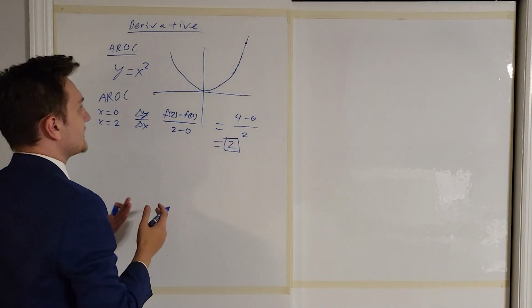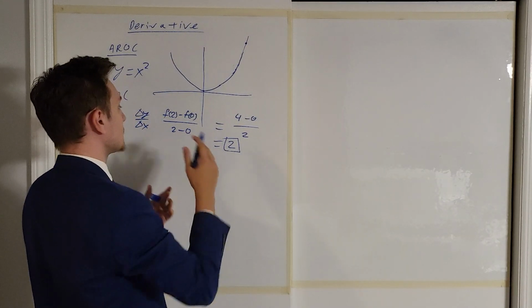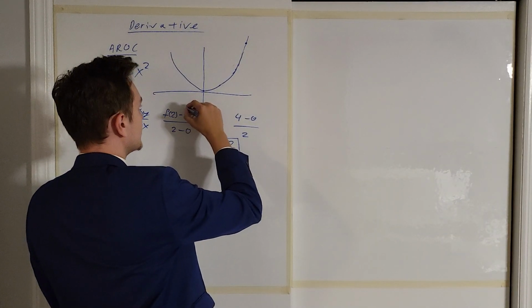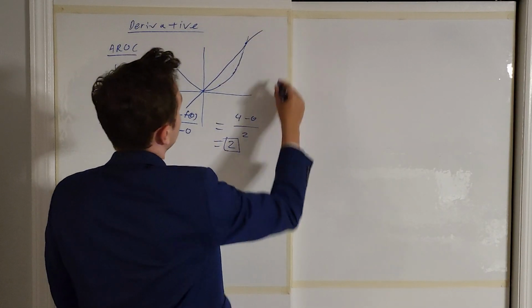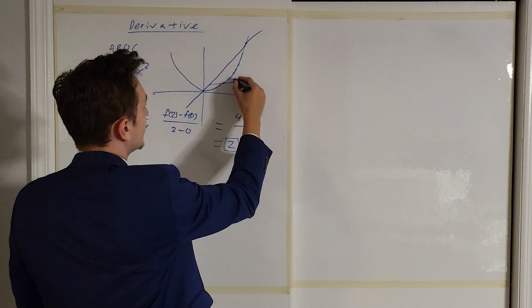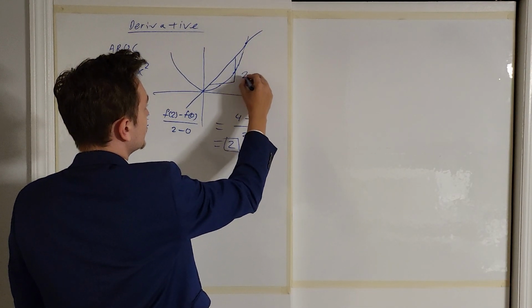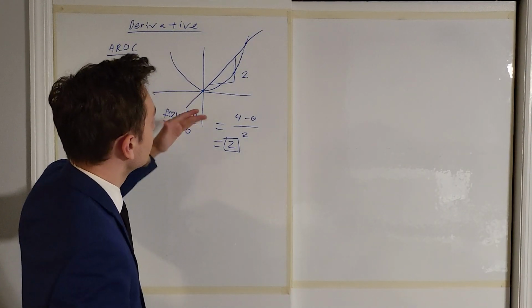So when I find the average rate of change, what I'm doing is I'm finding the slope of the secant line. The secant line is the straight line that connects both points. So the slope of this line right here is 2. The average rate of change of my graph is 2.